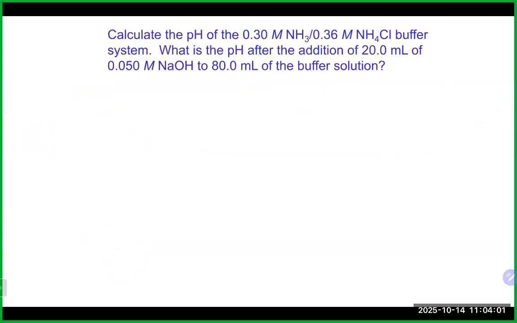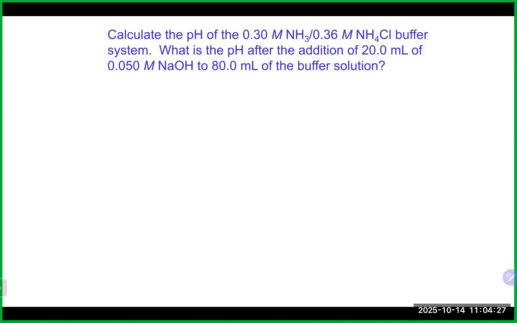All right. So let's try this one here. Calculate the pH of a 0.3 molar ammonia, 0.36 molar ammonium chloride system. What is the pH before and after you add 20 milliliters of 0.05 molar sodium hydroxide to 80 milliliters of the buffer?